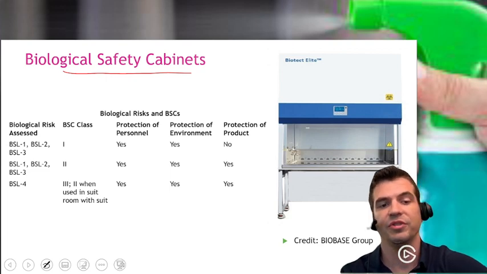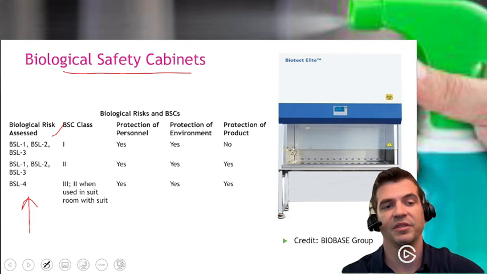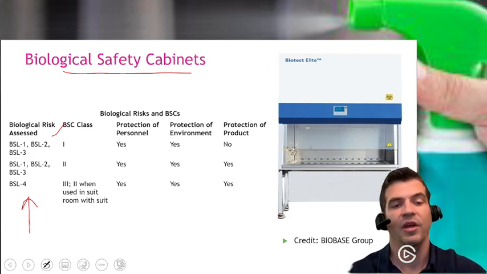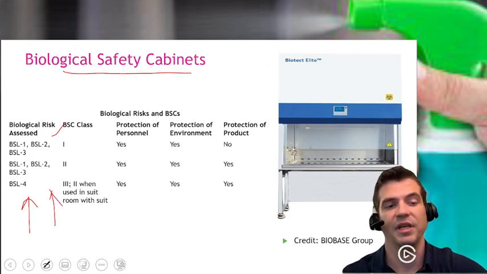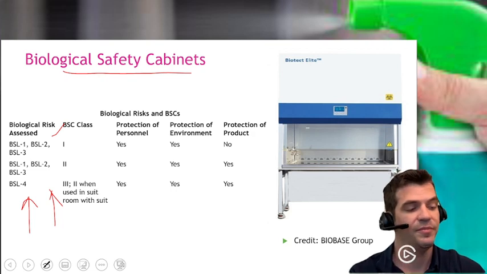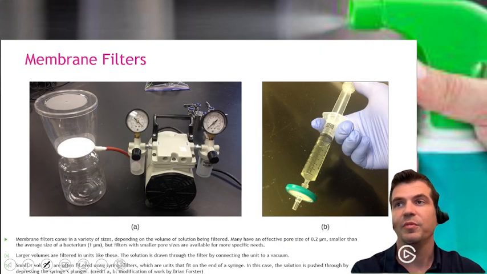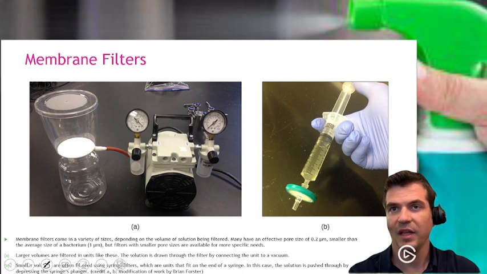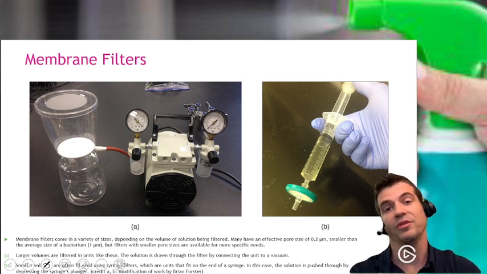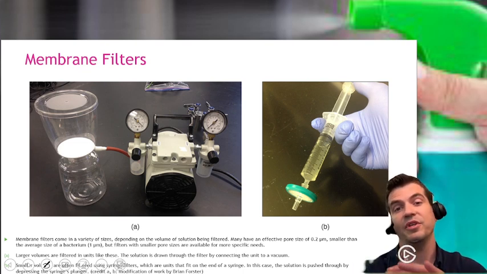These are used in all types of laboratories, including our class, BSL-1 and BSL-2. But they all go all the way up to BSL-4, where you actually need to be in a suit.